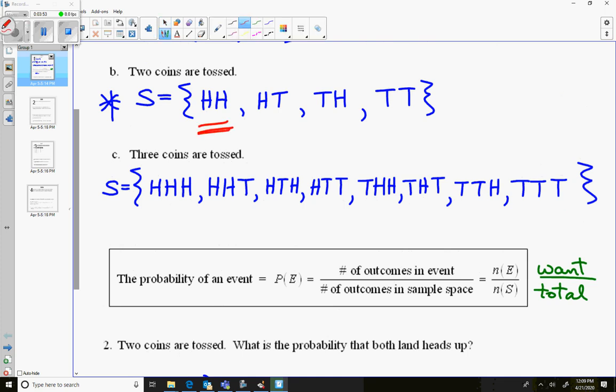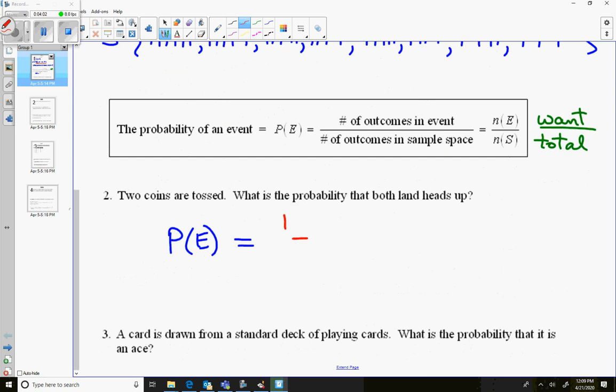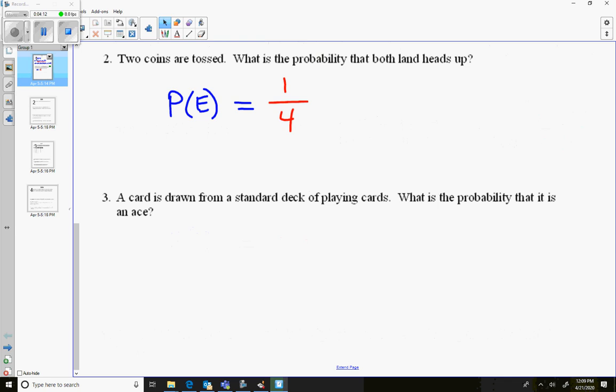There is one where they're both heads. So there's only one way of getting what we want out of a total of how many possible things? 4. So the probability of both being heads is 1 out of 4. And that's basically what we're doing. We're going to expand on it as we go through this though.